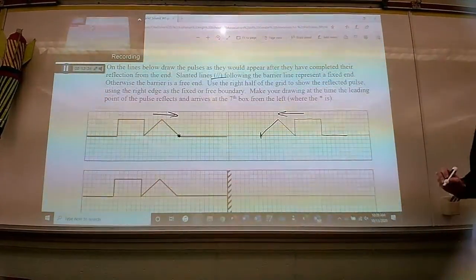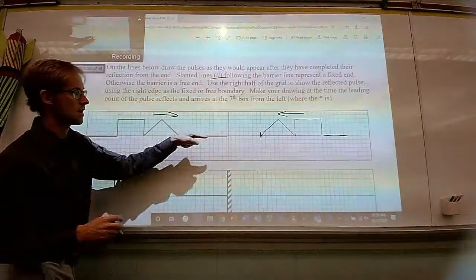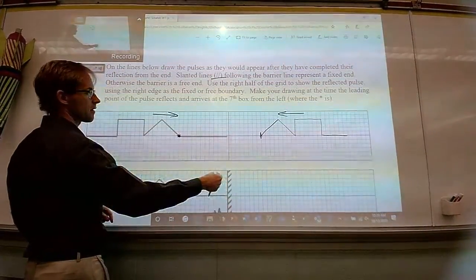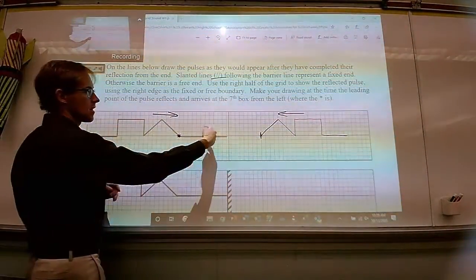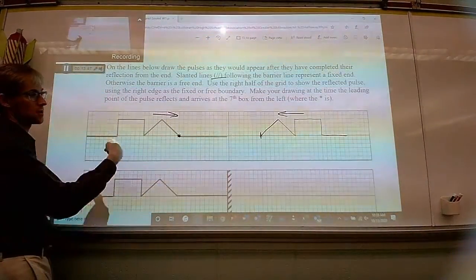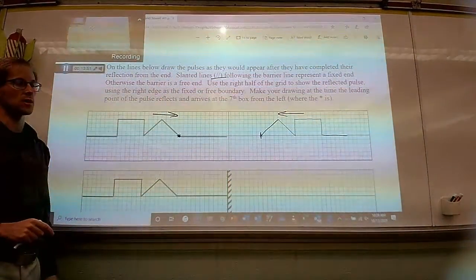And that's what your answer would be. Because these waves are moving to the right, they hit that free barrier, so that means they reflect and they remain on the top, and they're heading to the left. And so you get that drawing on the grid there.